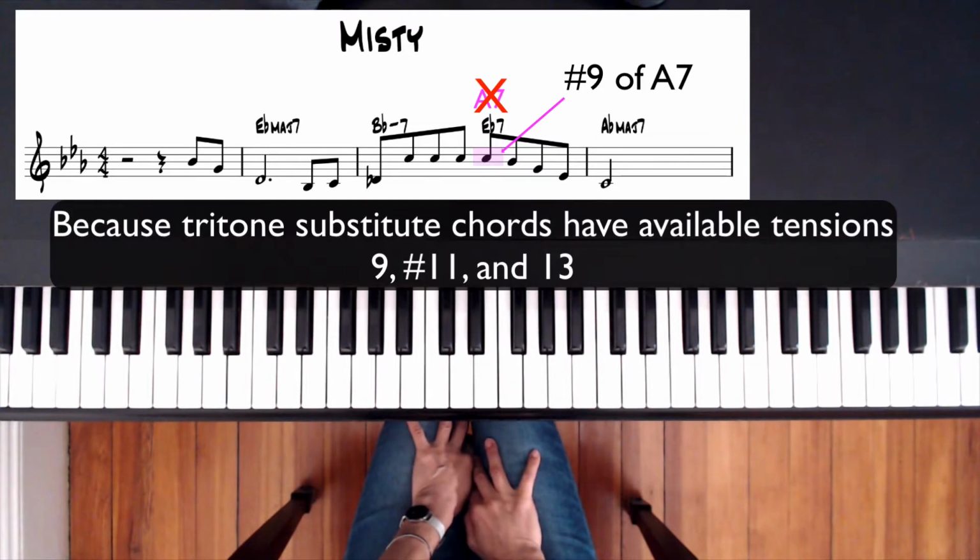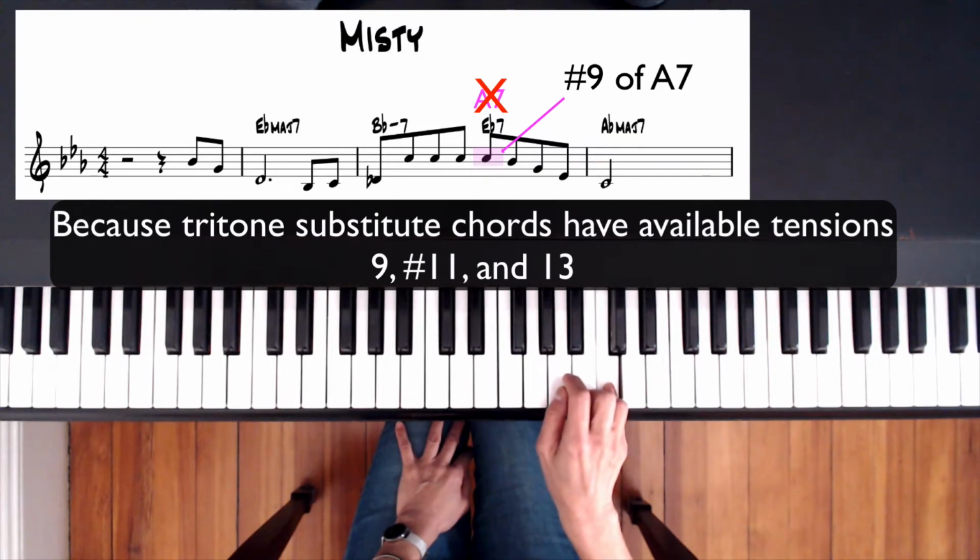Because tritone substitute chords have available tensions 9, sharp 11, and 13. It should be natural 9 and natural 13. But this is sharp 9. That's why it doesn't work.